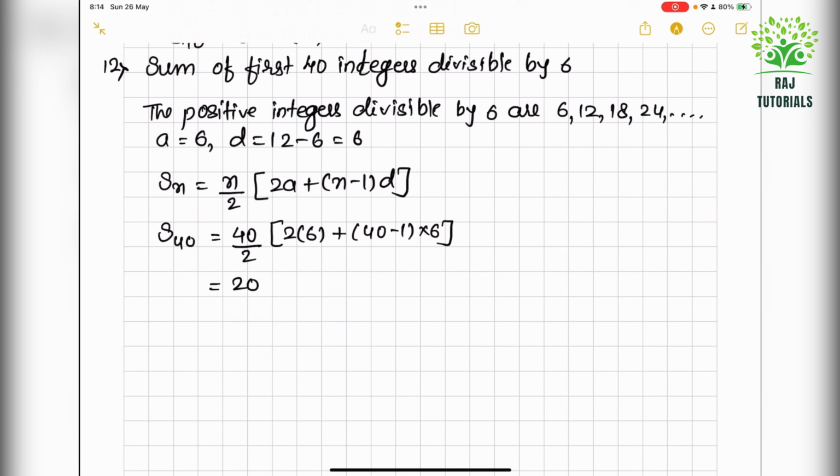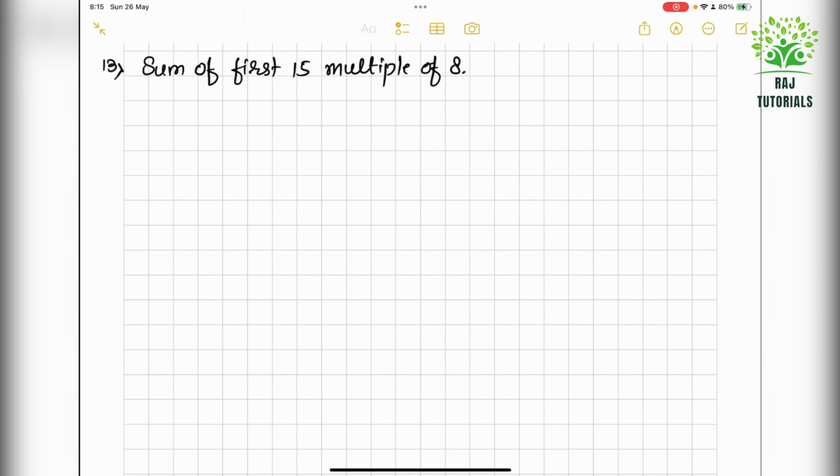So that will be 20 into 12 plus 39 into 6 will be 234. Now if I solve this, that is 20 into 246, so it will be 4920.